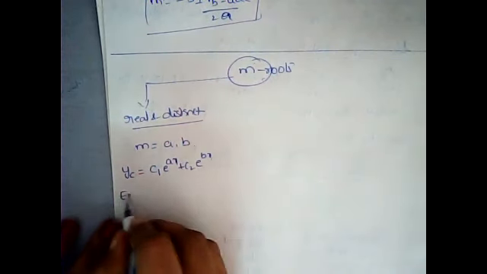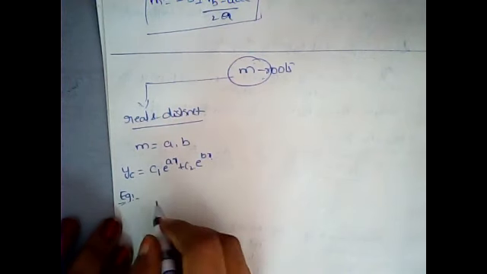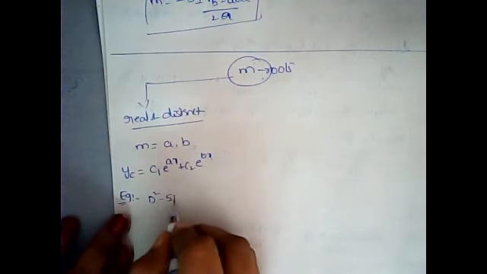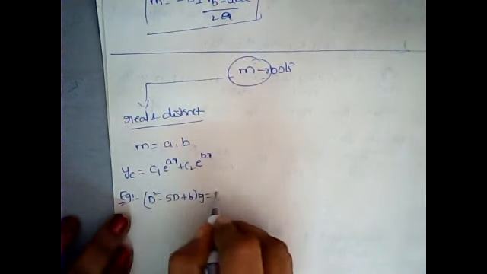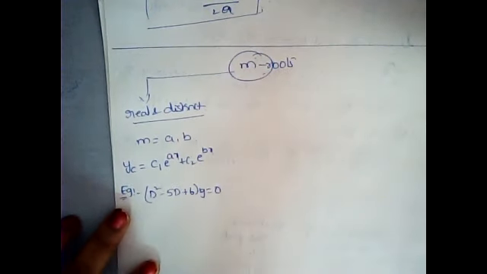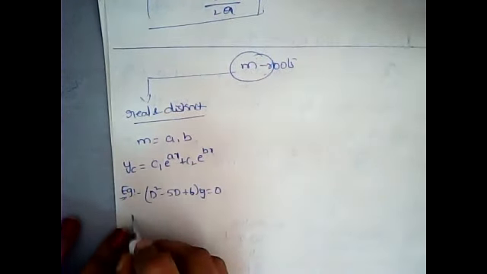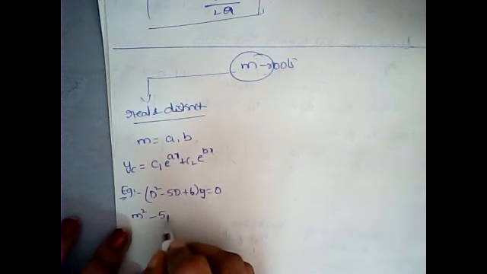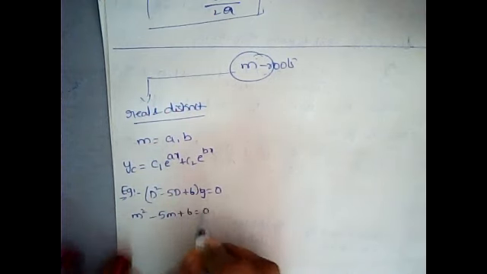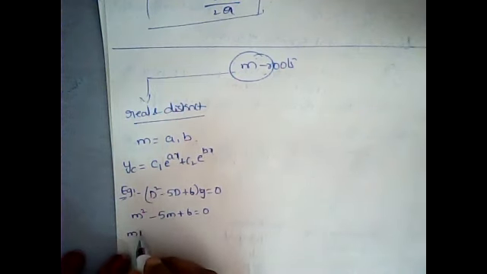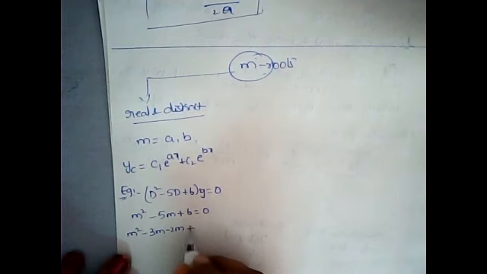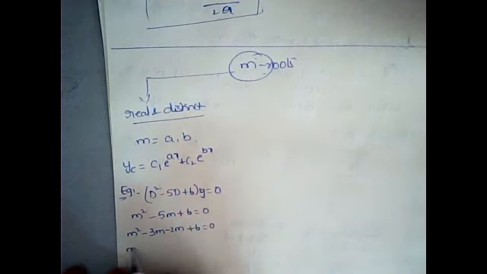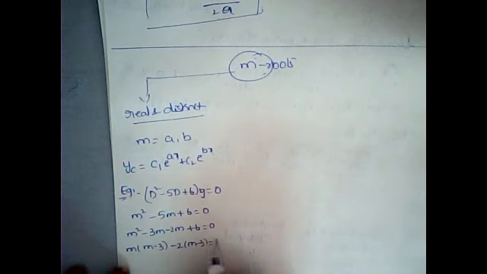Let me take an example here. Suppose I take D squared minus 5D plus 6 whole into y is equal to 0. This is the problem which I have taken. Now take the auxiliary equation for this, which will be m squared minus 5m plus 6 is equal to 0. So I get m squared minus 3m minus 2m plus 6 is equal to 0, so m into (m minus 3) minus 2 into (m minus 3) is equal to 0.